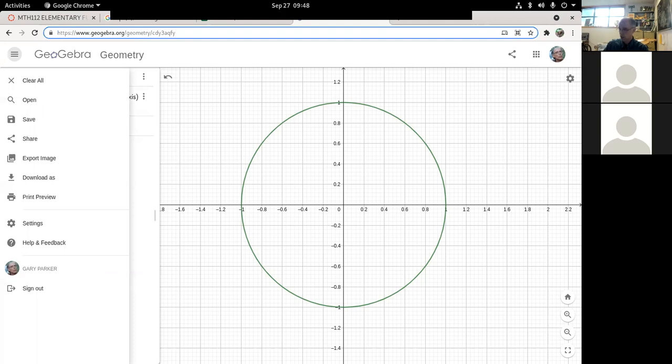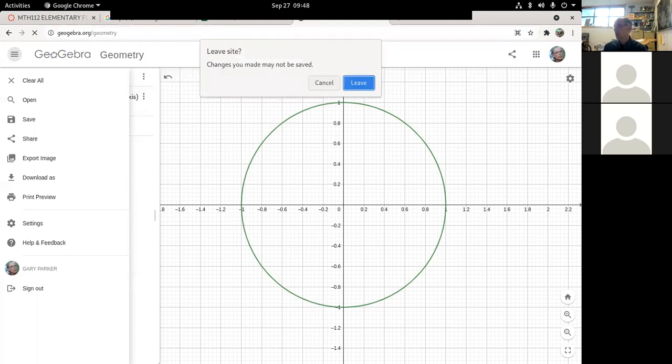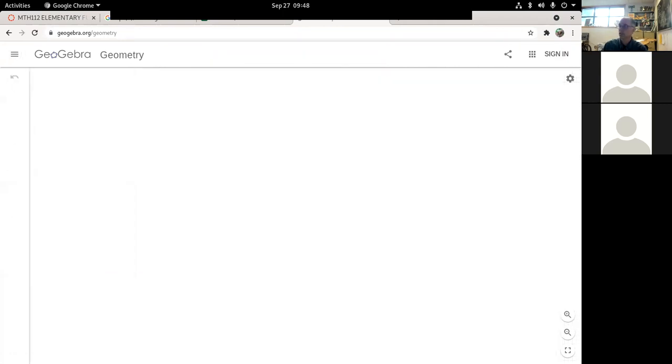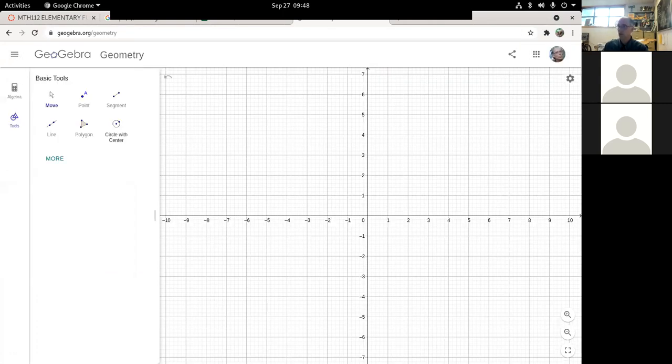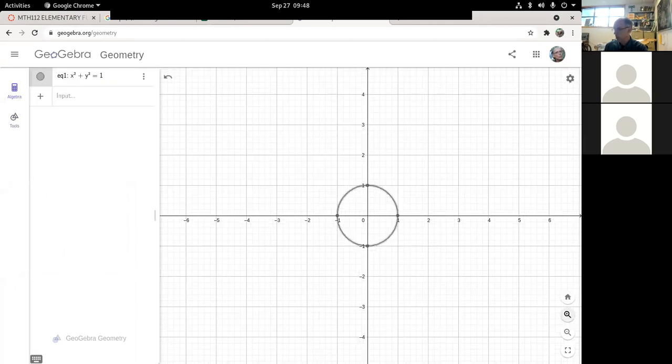I think I get a new one. Just maybe deleting that right there. I don't want to save the changes. All right, so in GeoGebra, and Desmos works the same way. You can just type here, x raised to the second power plus y raised to the second power equals 1. So there's my circle, and I can zoom in on it a little bit.